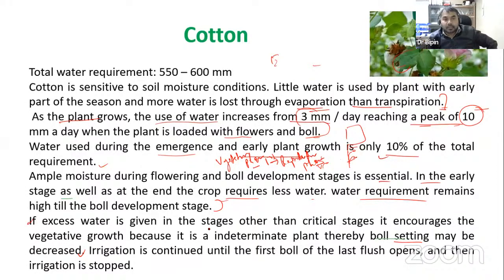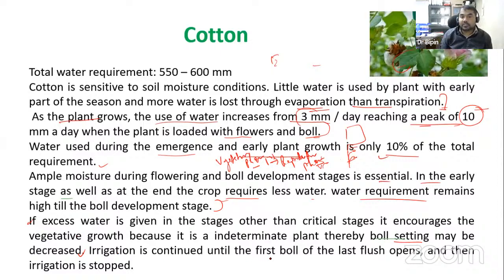That is why you should not maintain excess moisture, because in cotton vegetative growth will also continue, since it is indeterminate. As I told you, if you apply more water, it will promote vegetative growth more as compared to flowering or ball development. That is why excess moisture should be avoided in cotton at the most critical phases, at the time of flowering and ball development.